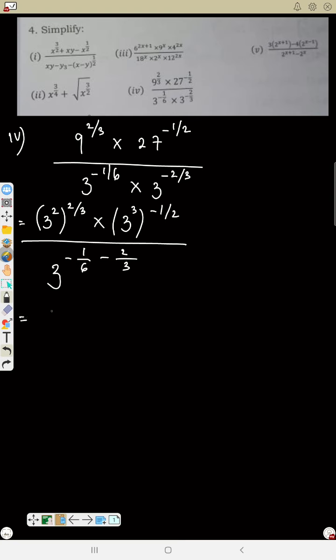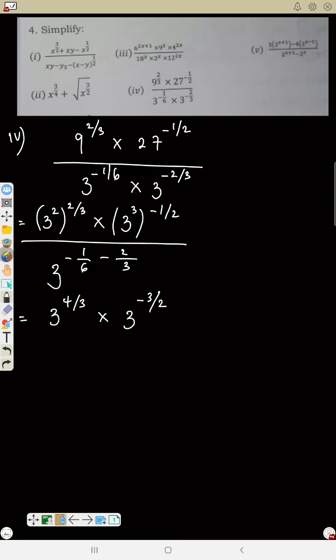Now this is the same thing as 3 raised to power 4 over 3 times 3 raised to power minus 3 over 2, because 2 times 2 is 4, divided by, remember any number that stands on its own is divided by 1 over 1. So 3 times this will be minus 3, 1 times 2 will be 2. So the same thing with the other one.